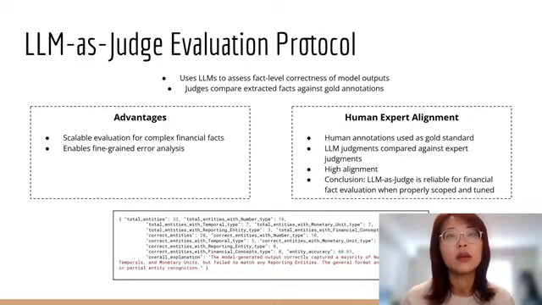And one thing we really use to make sure that the large language model judge is not biased is that we use quantifiable metrics in the large language model judge output.